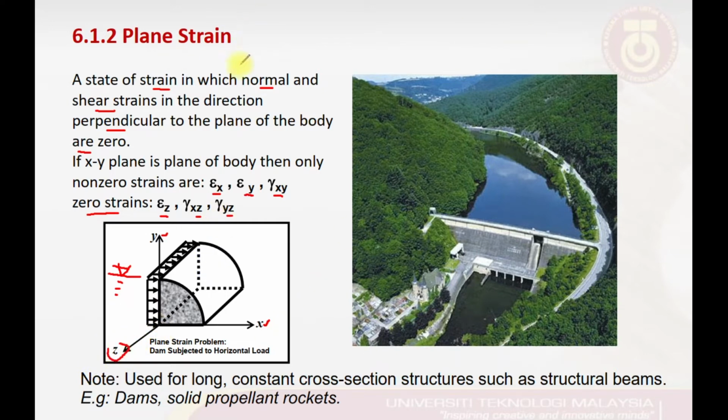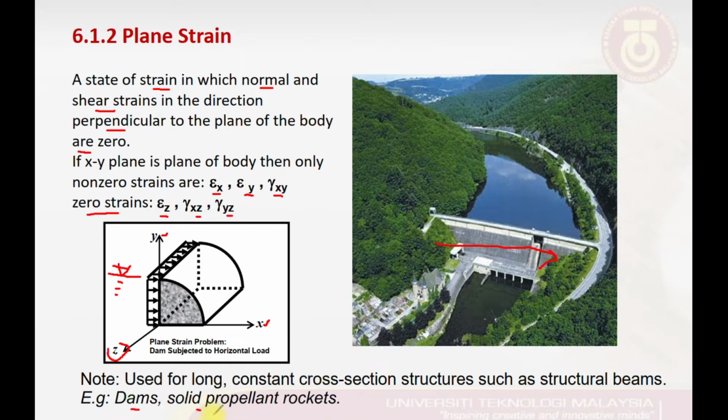The plane strain condition is usually used for long structures with constant cross sections, such as structural beams, for example a solid propellant rocket, and also dams.